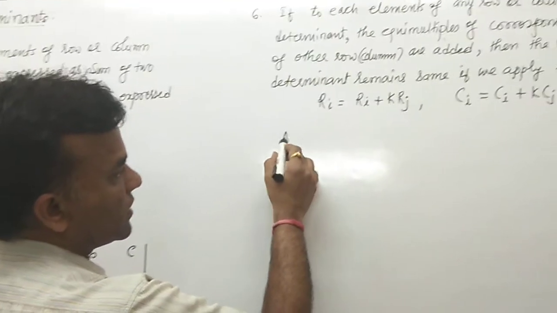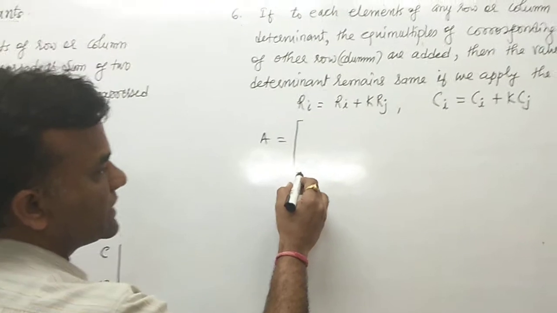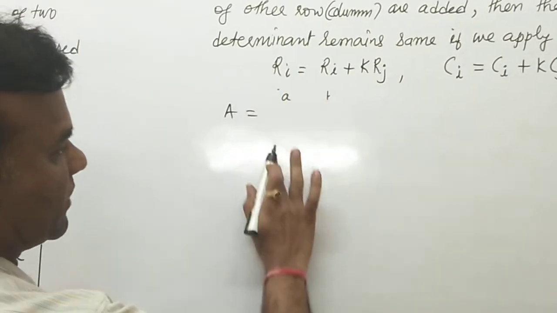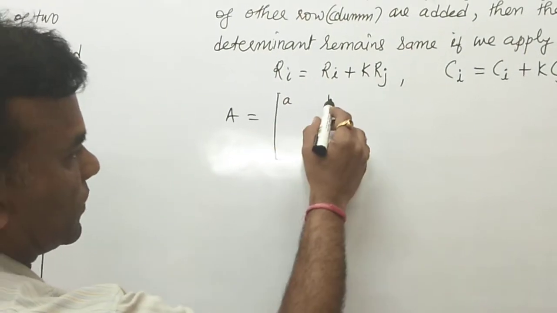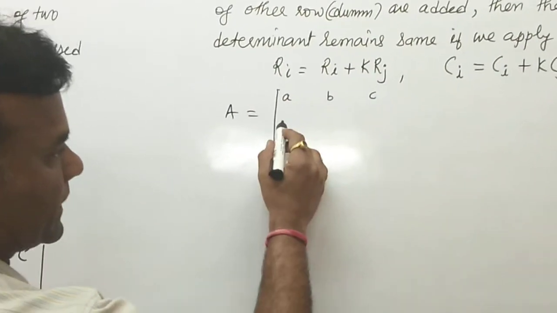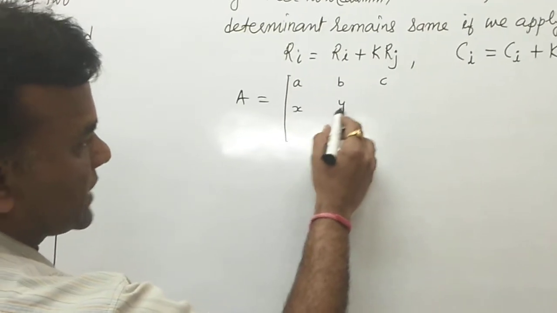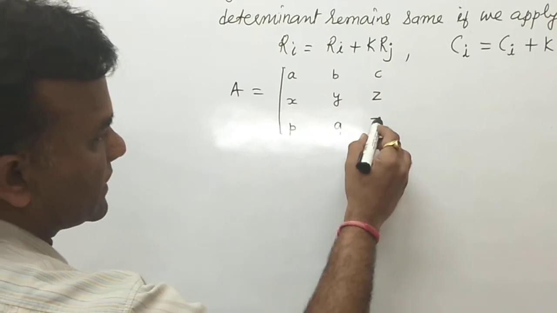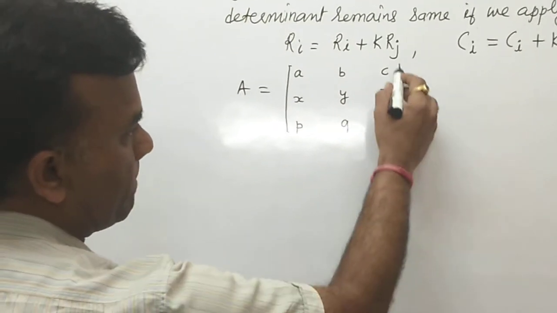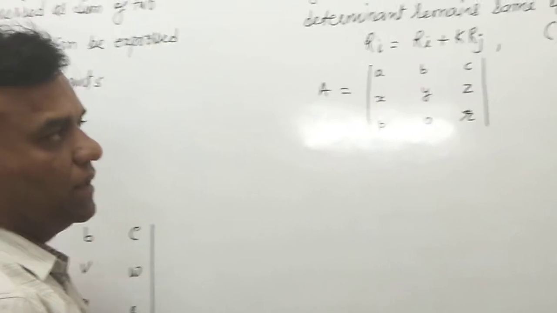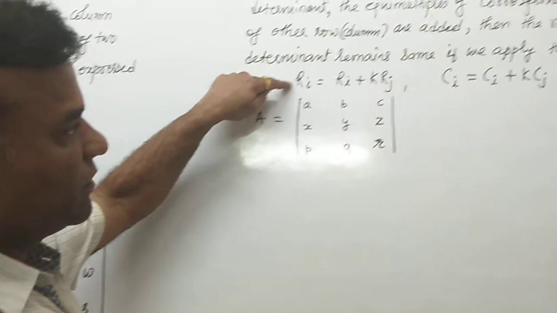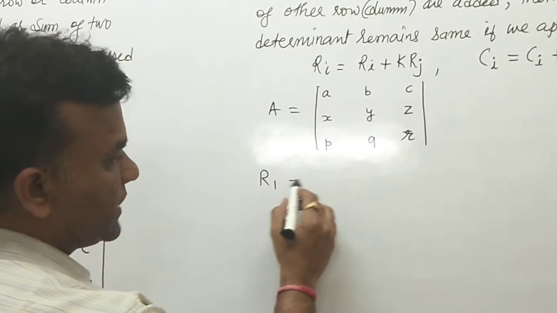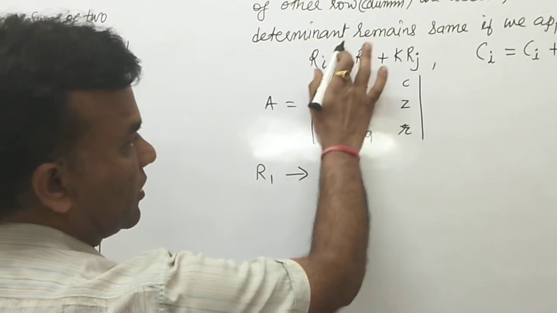Suppose we have a very easy example. In the determinant, the first row is A, B, C, the second row is X, Y, Z, and the third is P, Q, R. Now you apply the operation, row-wise. We write R1 tends to, not equal to, because you operate on R1.